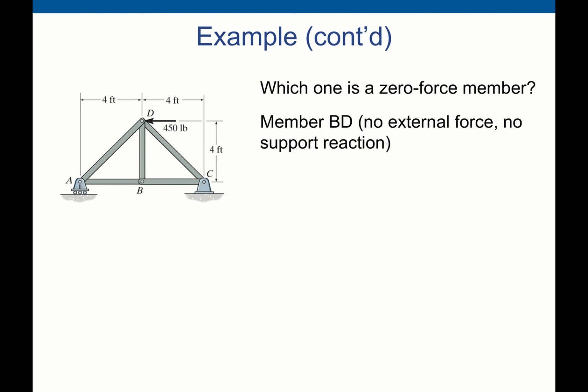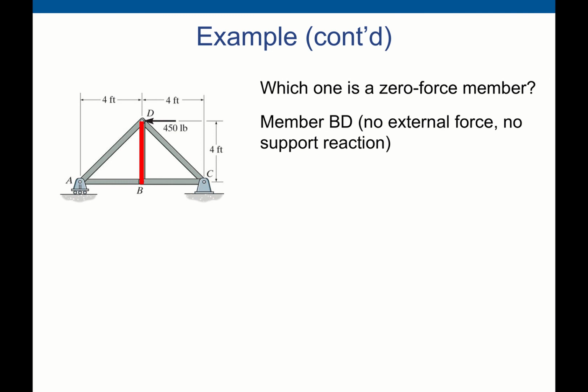So in this case, which one is the zero force member? Yes, member BD is a zero force member. So we can omit this member BD during our calculations. Right, so let me solve this problem.